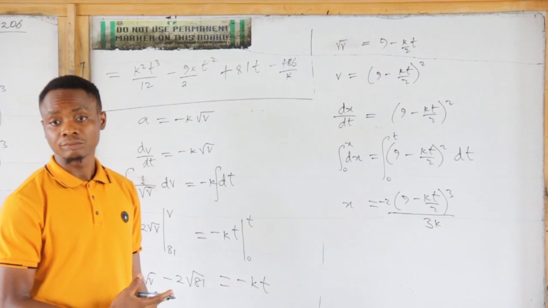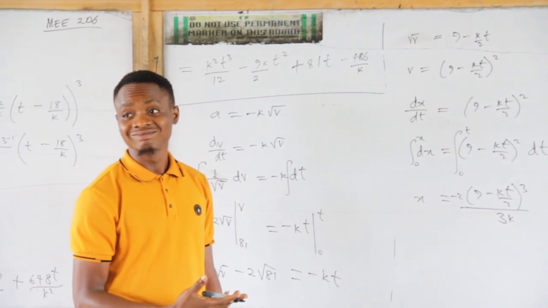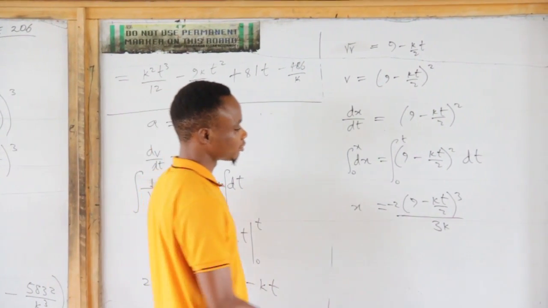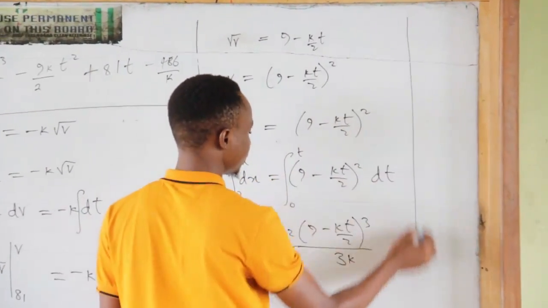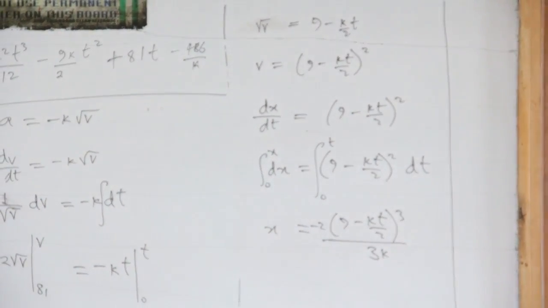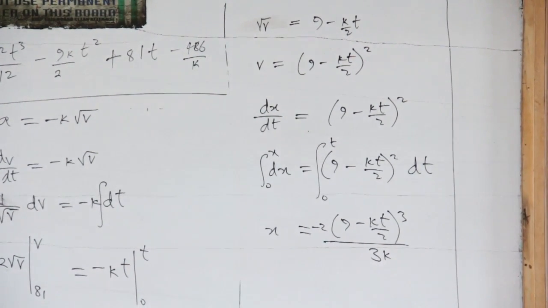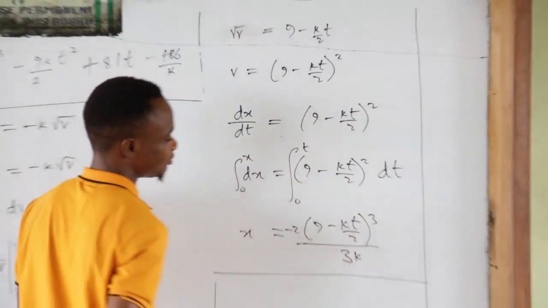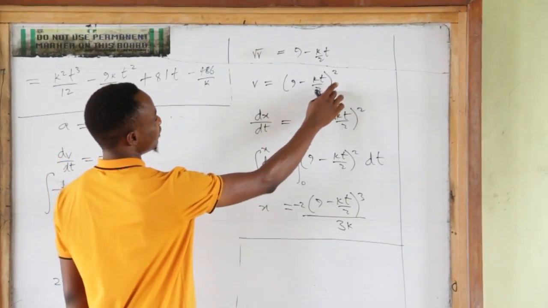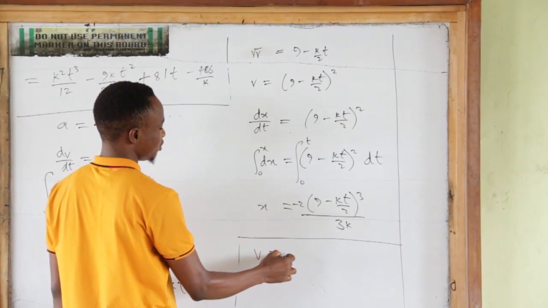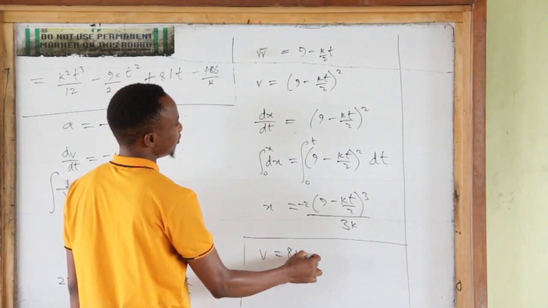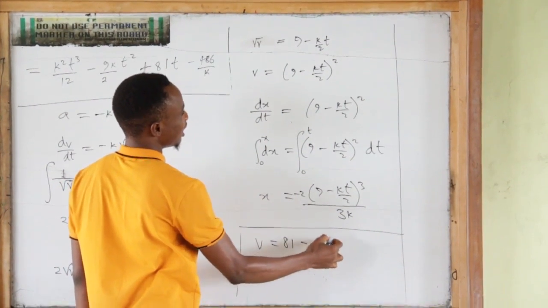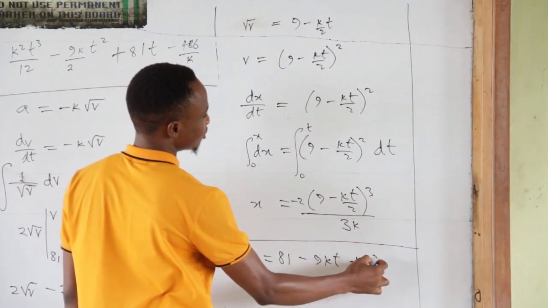What did you do? When you first expanded it, you got something different. We have established that both of them are equal. Okay, let's try what you did. When you expand this, you're going to get v equal to 9 squared, that's 81, minus 2 times 9k, then plus k squared.